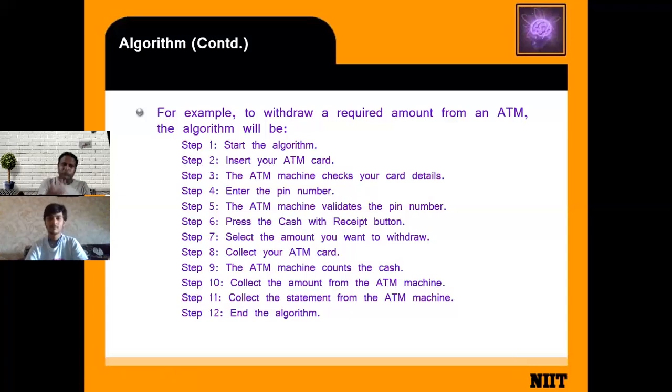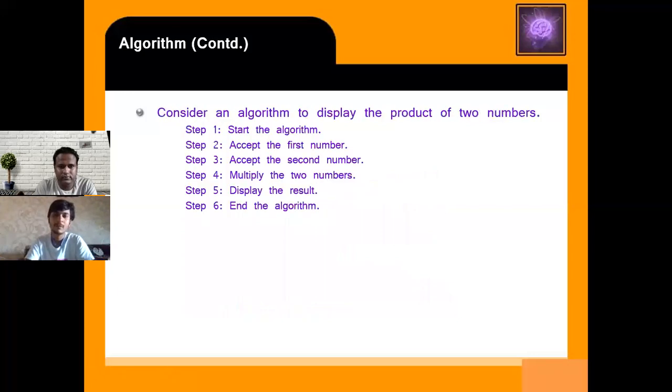So in this way, you represent your problem, or you represent a solution to a problem. Here is another example. Consider the algorithm to display the product of two numbers.